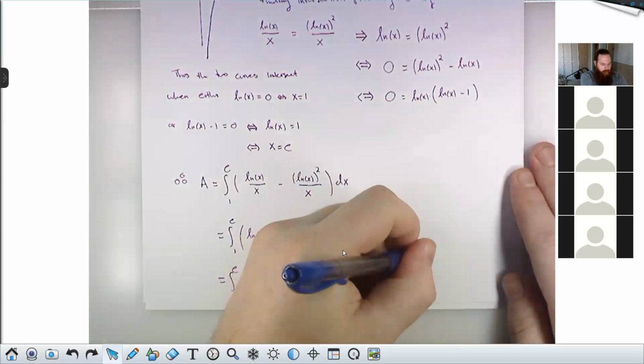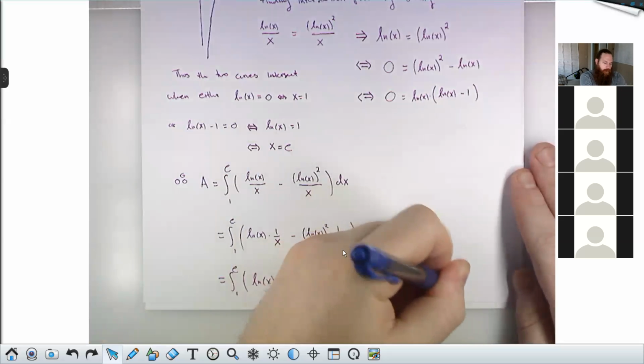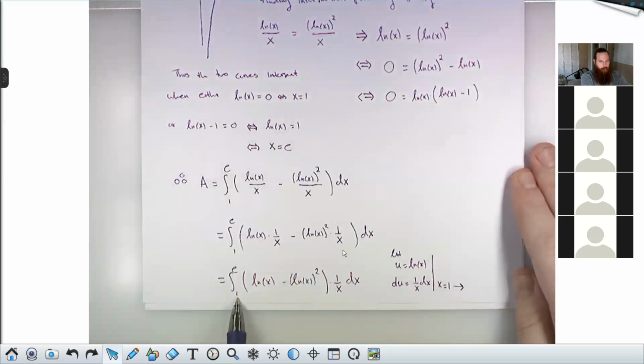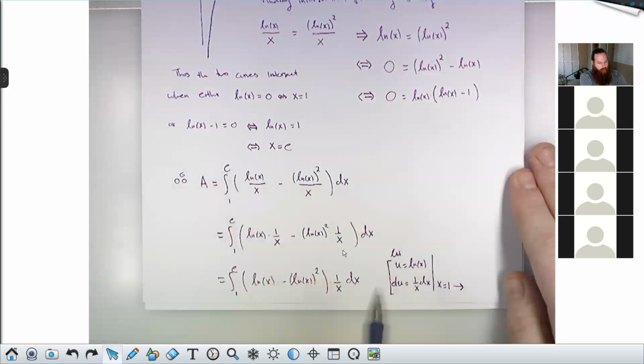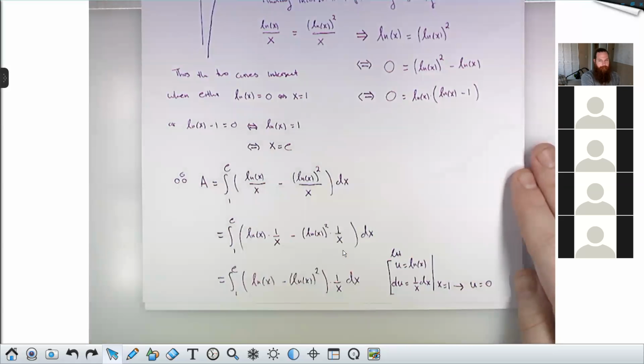You also must change your bounds. When x is equal to 1, my old lower bound, which was an x value, if you plug in x equals 1 here, you get out u equals the natural log of 1. Natural log of 1 is 0. So when x is equal to 1, u is equal to 0.